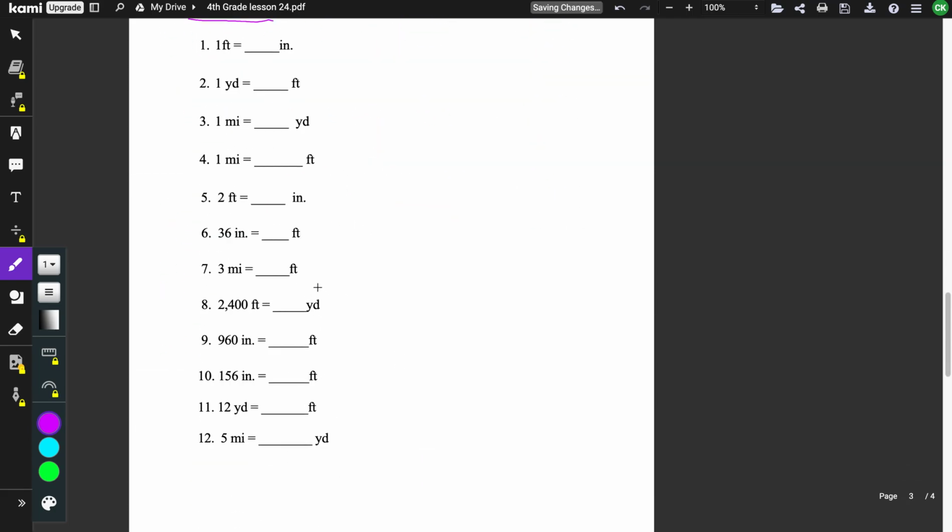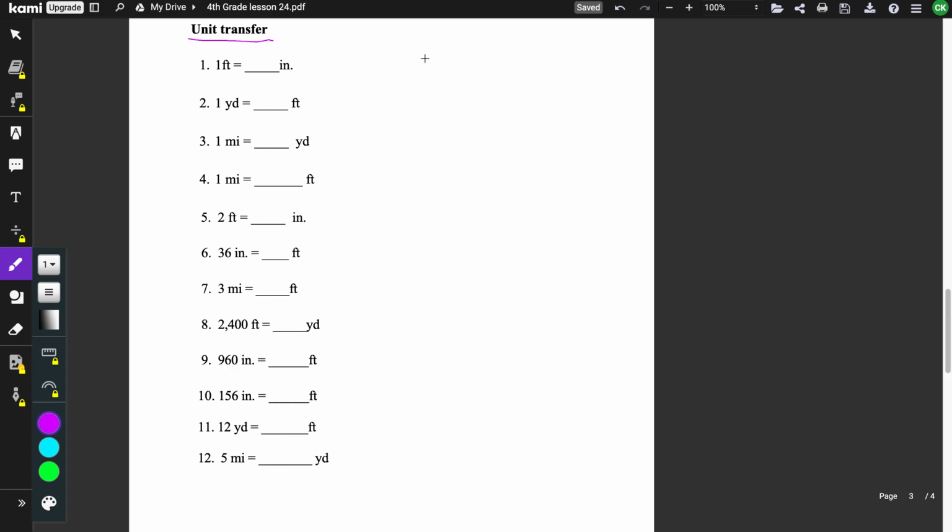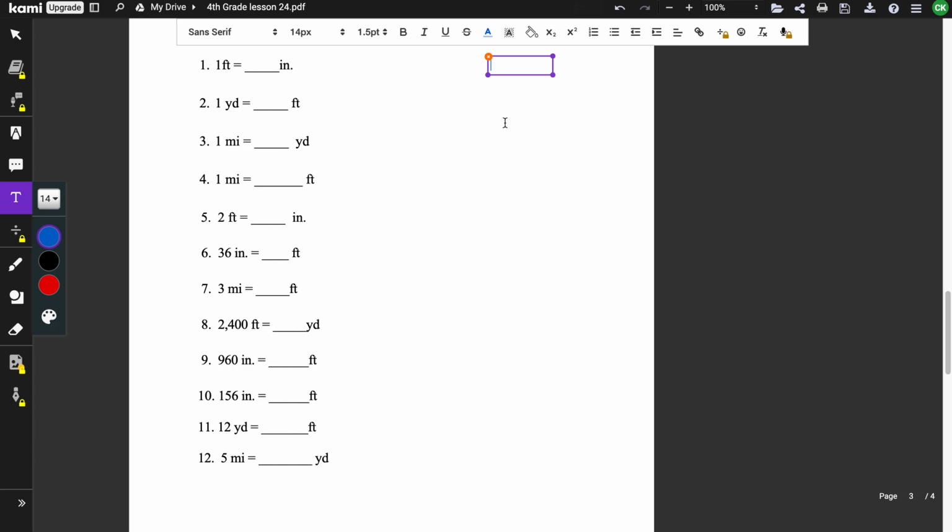Alright, moving over, we're going to do some unit transfer, and some key things you need to learn is that in 1 foot there are 12 inches, and in 1 yard there are 3 feet.